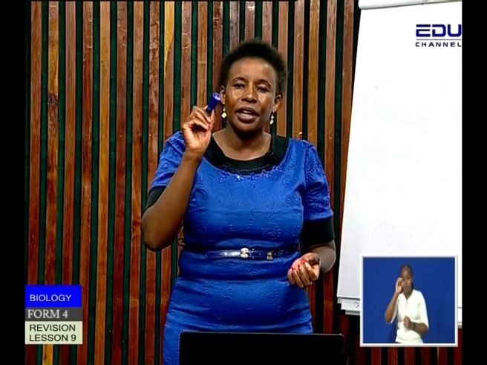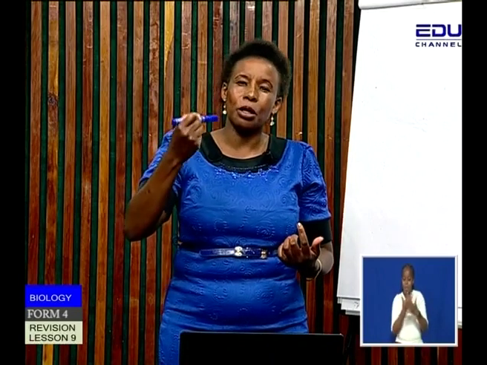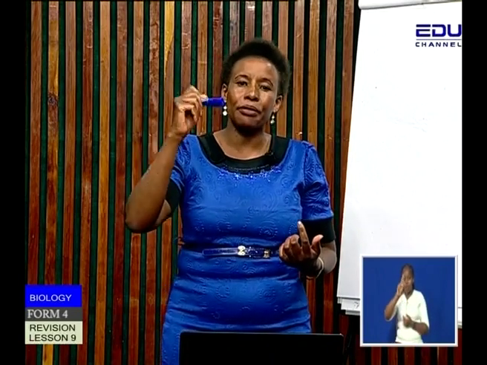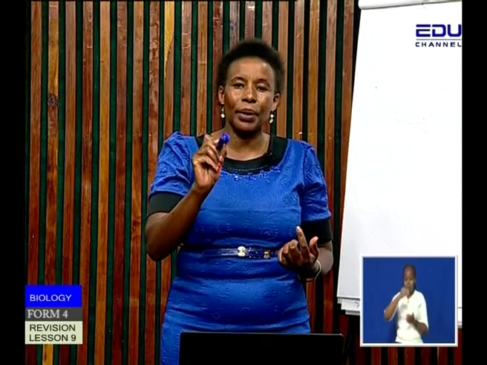So the keyword to highlight in that question is the hormone. You're told to explain what happens when the blood glucose rises above normal. So you highlight the words rises above normal and you're told to explain.